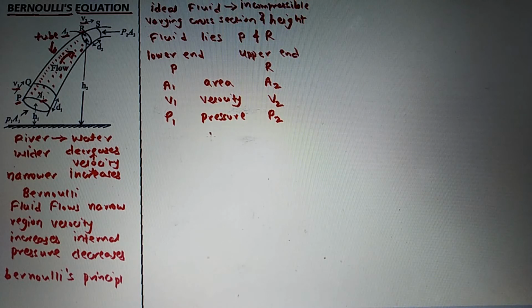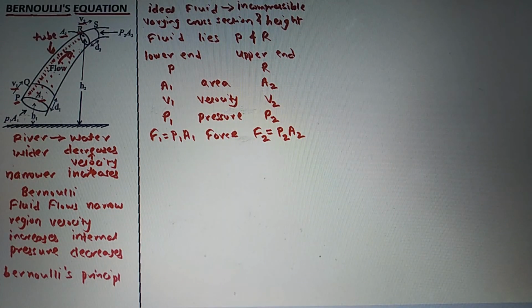The force at lower end P is F1, equal to pressure into area, so F1 = P1A1. At the upper end, the force F2 = P2A2.